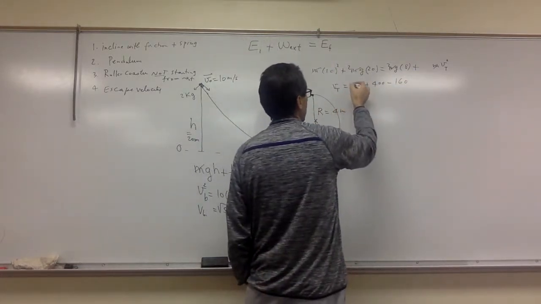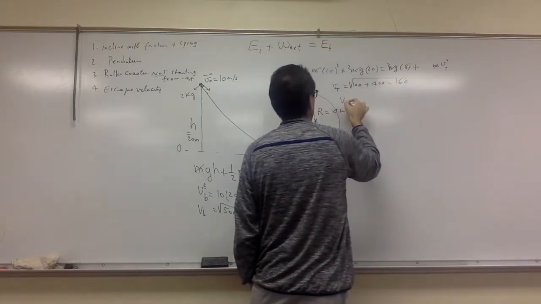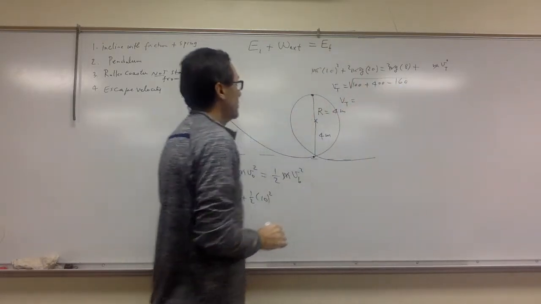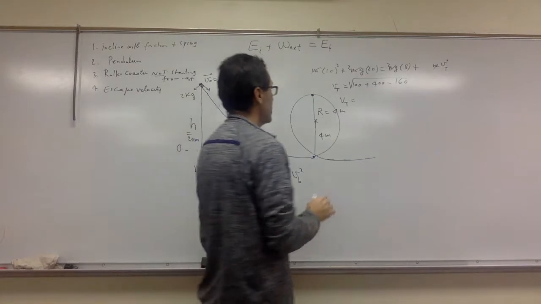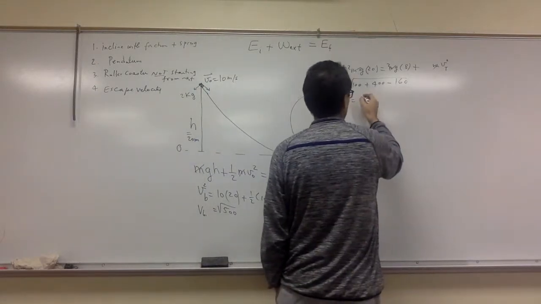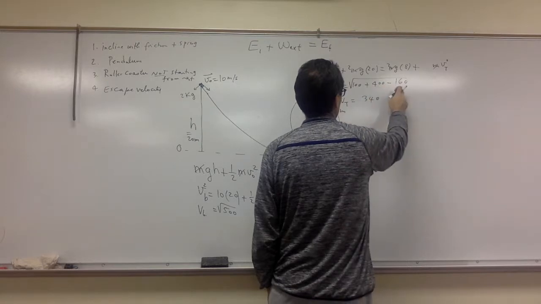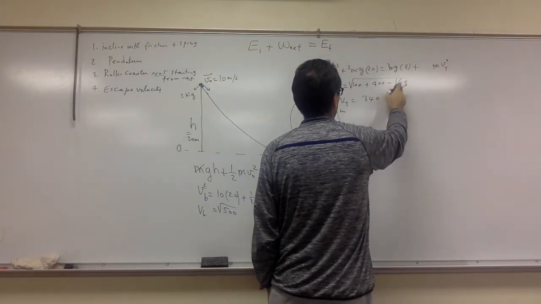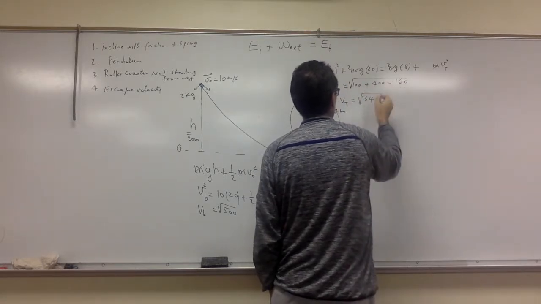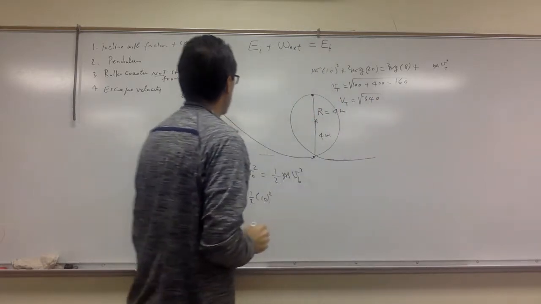So with a radical, vT equals the square root of 500 minus 160, so this is 340. So radical 340 in meters per second.